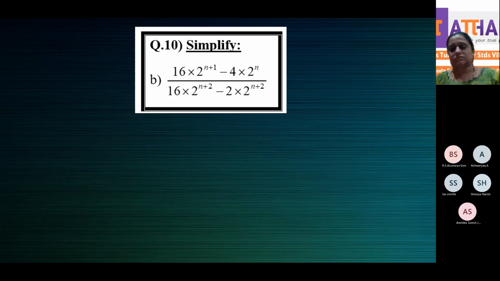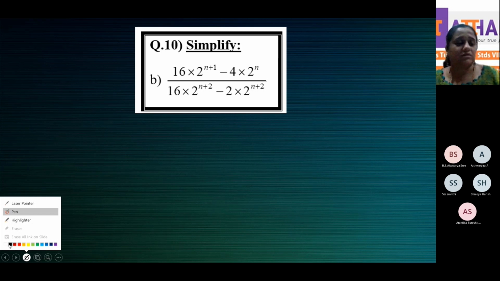This is the test, question number 10B. Anantika, I've shared it on WhatsApp. Yes, ma'am. I got it. I'm solving.